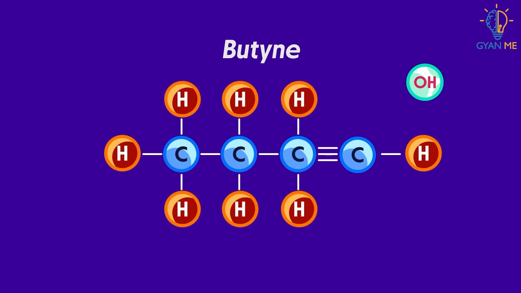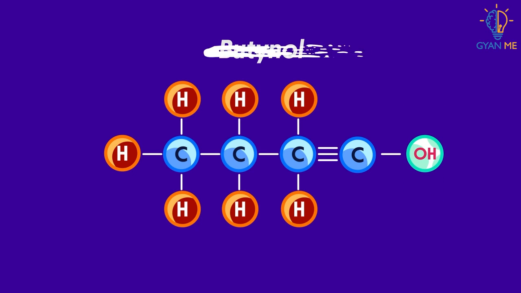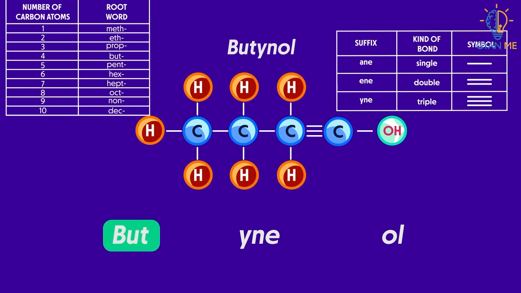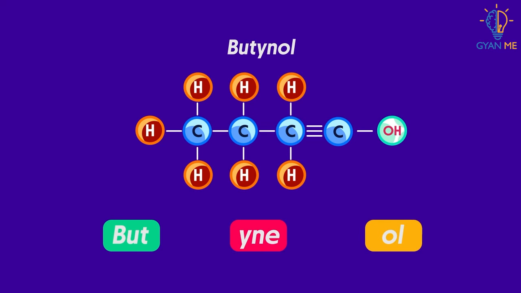Similarly, if it replaces one hydrogen in butyne, the new compound will be named butynol or but-yn-ol. Here, but is a prefix showing that the compound has a chain of 4 carbons. Yn shows it has a carbon triple bond, and the last suffix ol shows the functional group alcohol or hydroxyl group attached to it.